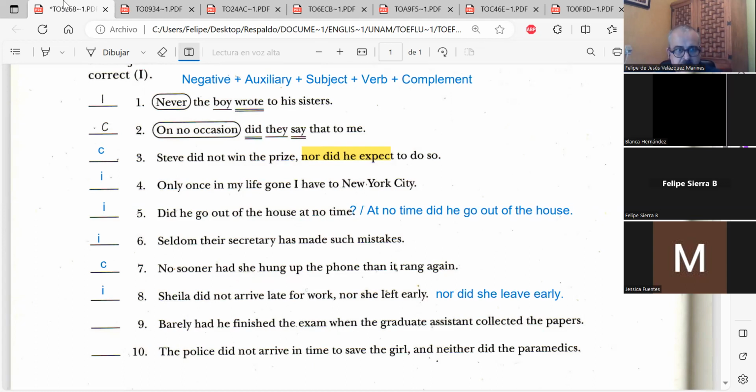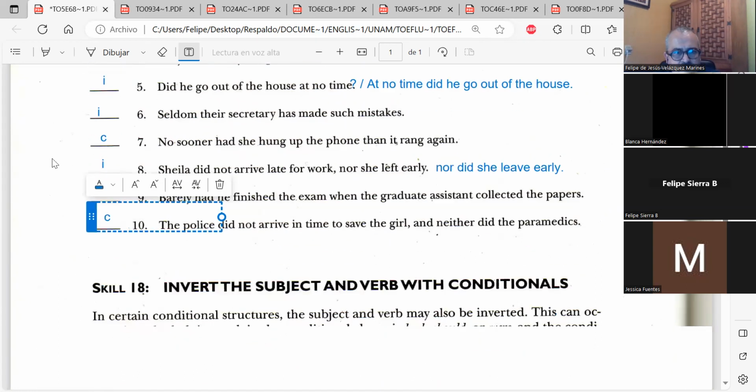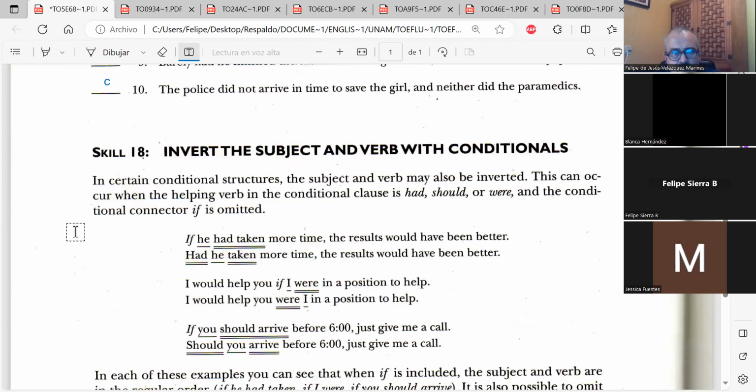Yes, it's correct. Very good. Felipe. The police did not arrive in time to save the girl, and neither did the paramedics. It is correct. Very good.